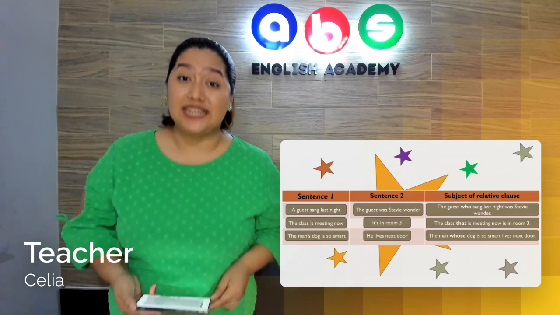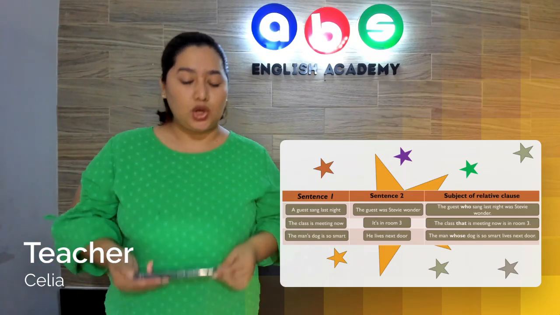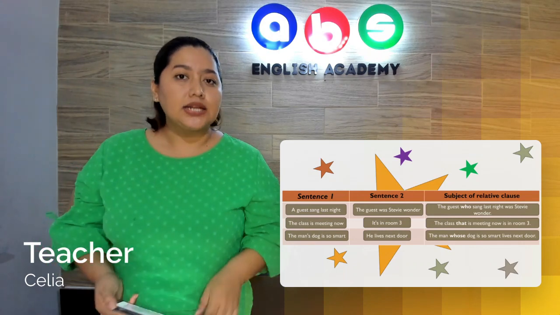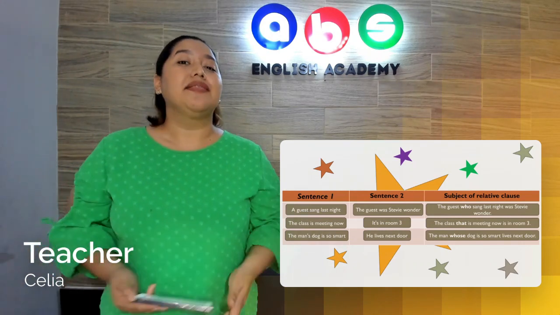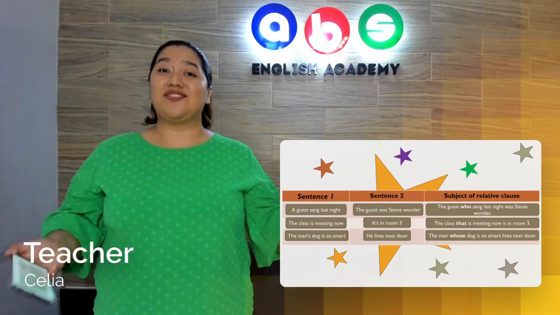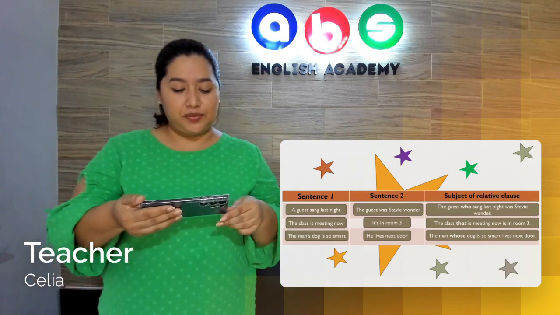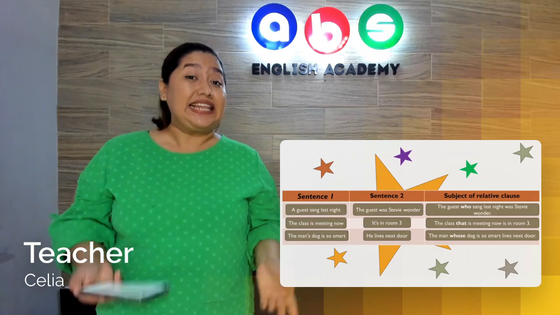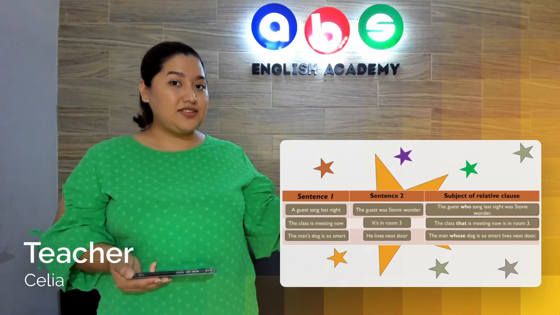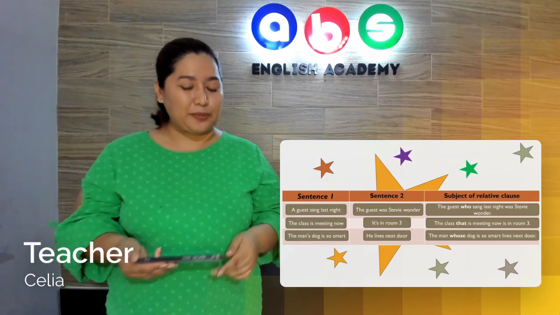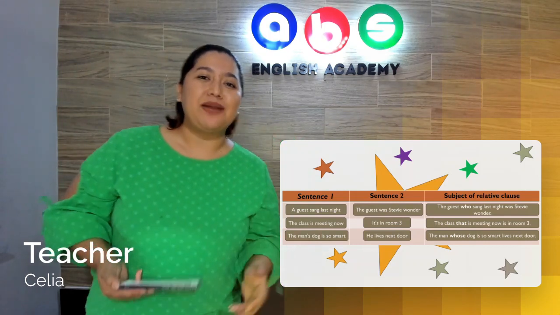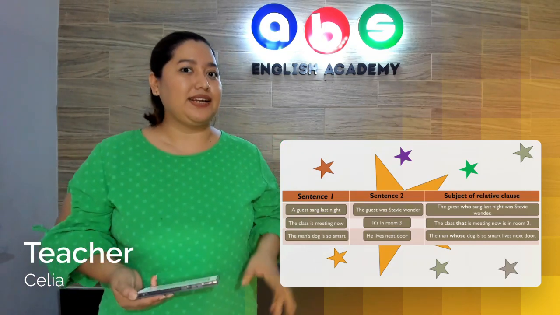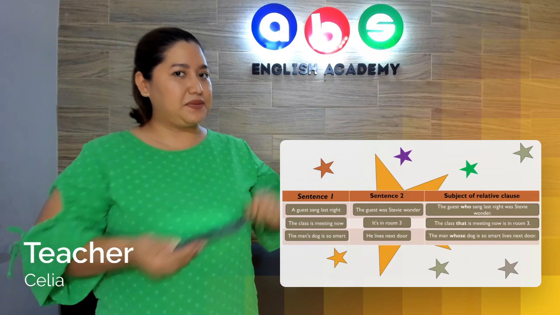And we have sentence 1. This is about possession. We have: the man's dog is so smart. Sentence 2: he lives next door. Okay. Man's dog, he lives next door. Well, now we are talking about possessions. You know, the dog is the possession of this man.